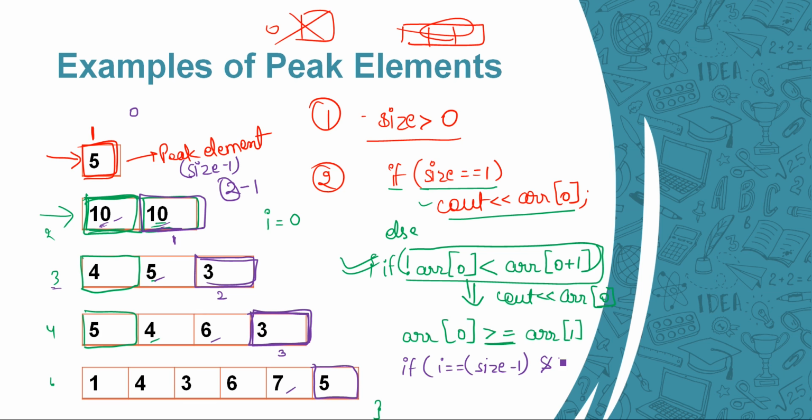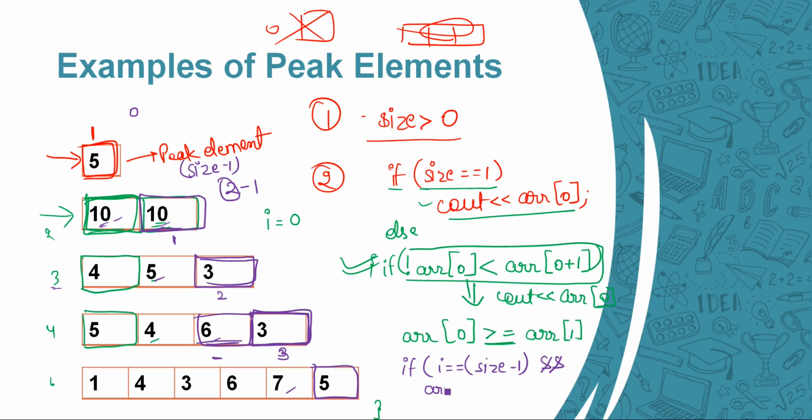And what next we need to check? We need to check that it is not smaller than its neighbor, right? So if it has the value of size minus 1, then what will be the value of its neighbor's index? Of course size minus 2, right?